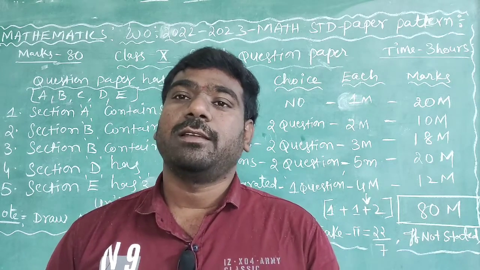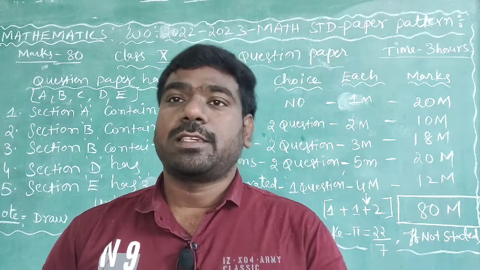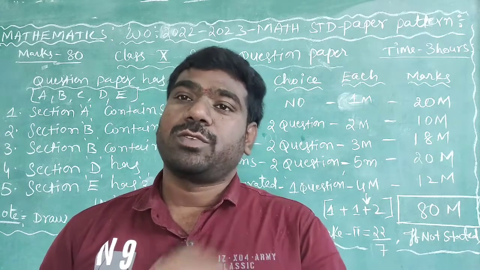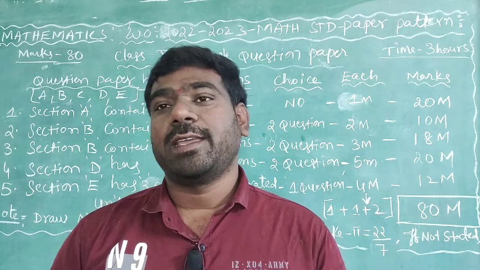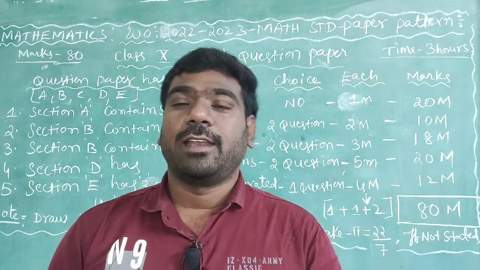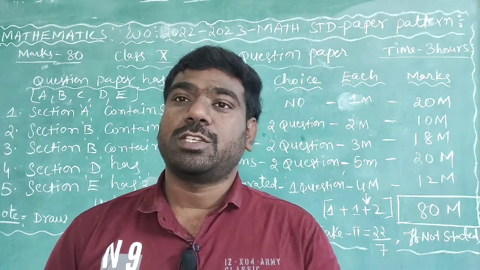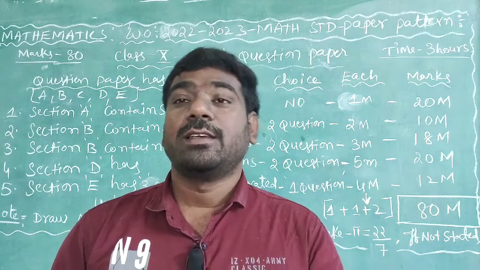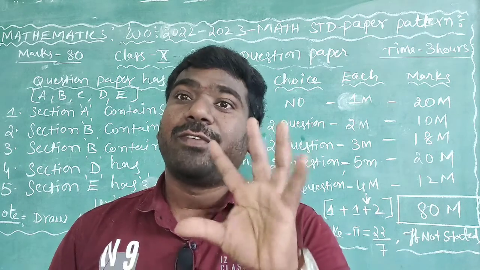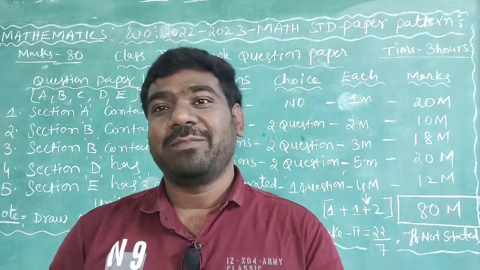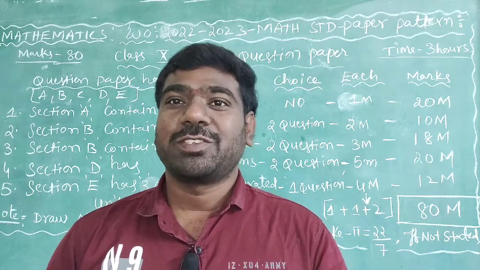Next, section C. This section consists of 6 questions. Each question carries 3 marks. Next, section D. This section consists of 4 questions. Each question carries 5 marks. This is a very big update for CBSE students.